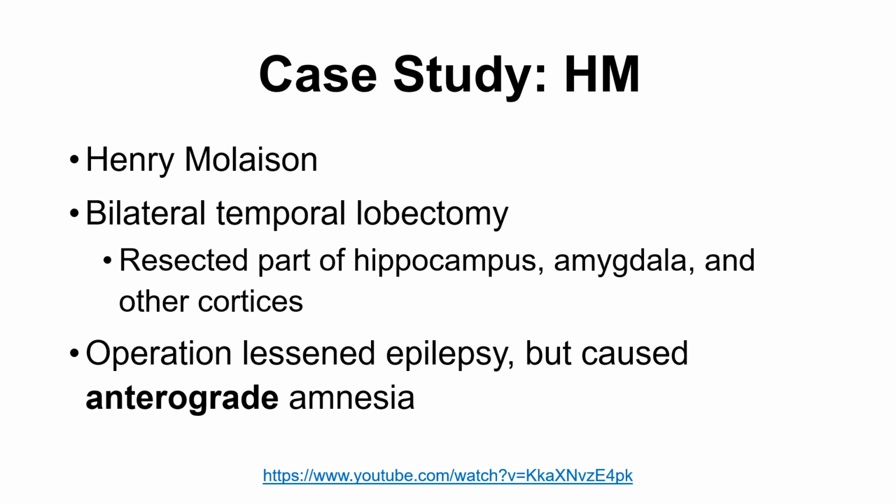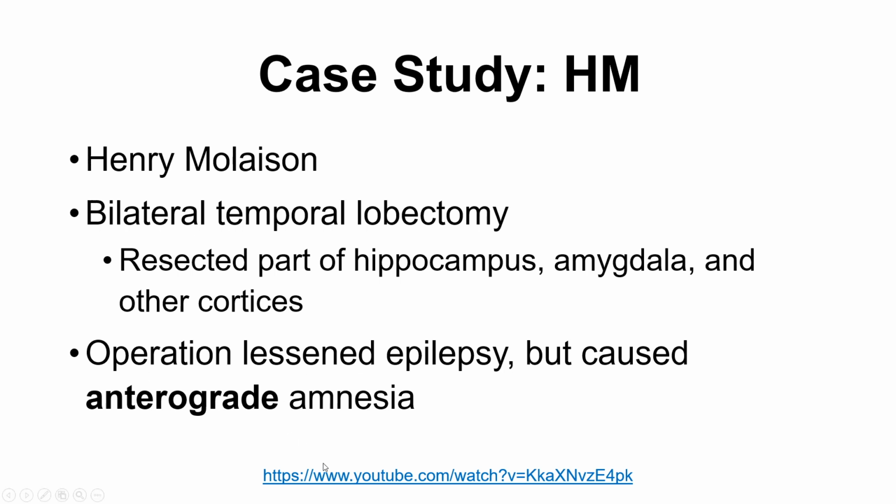And with HM, we actually saw that same quirk that we did with, what was his name again? Clive Wearing, there we go, where he could form new procedural memories, even though he couldn't form new declarative long-term memories. So he was able to learn new tasks that involved bodily movements, even if he didn't remember doing the tasks.